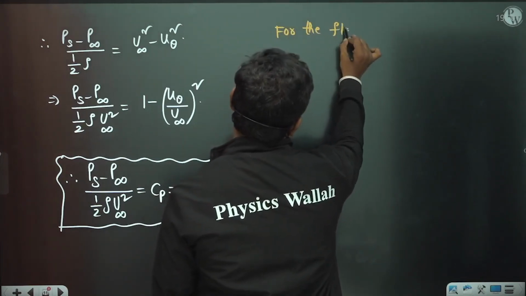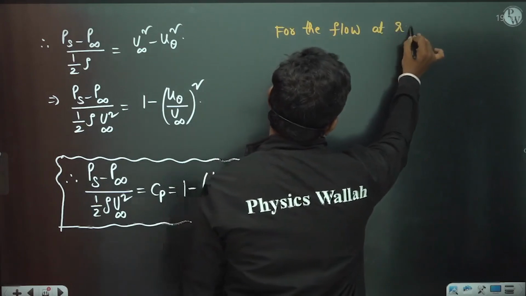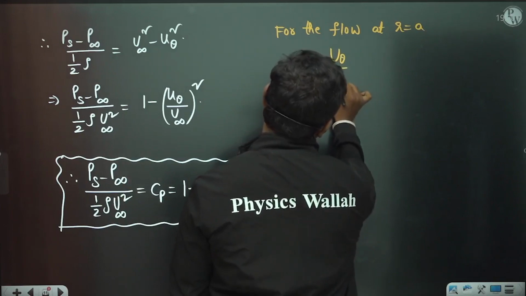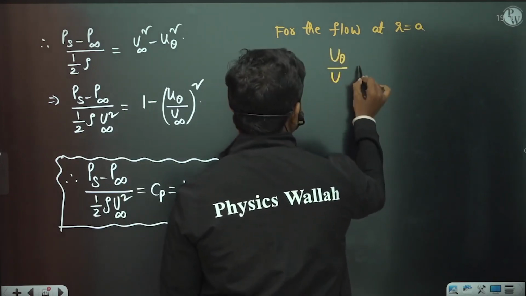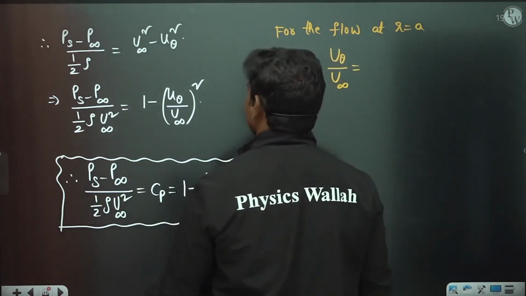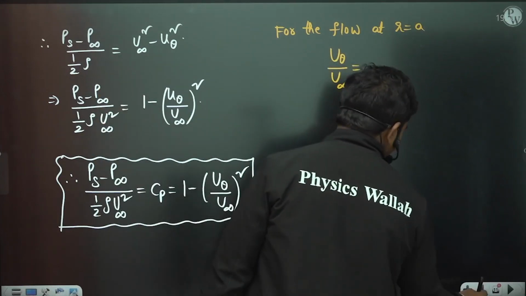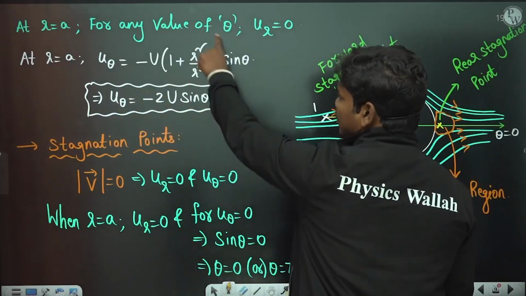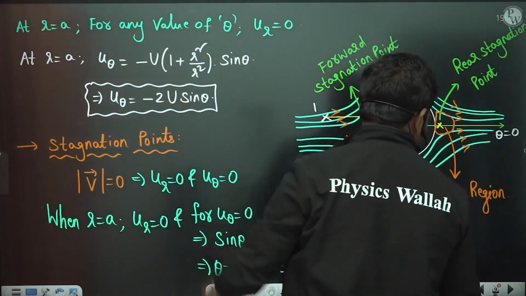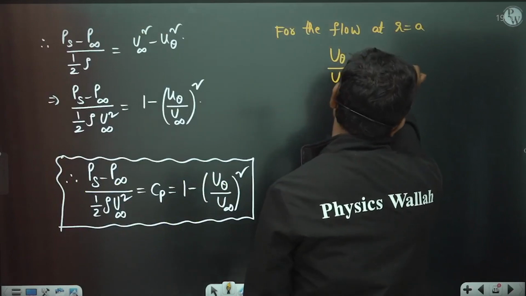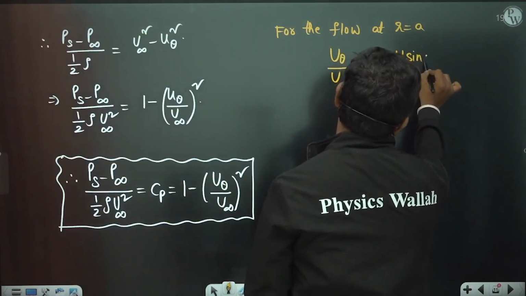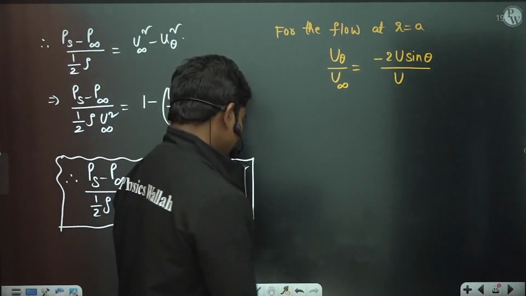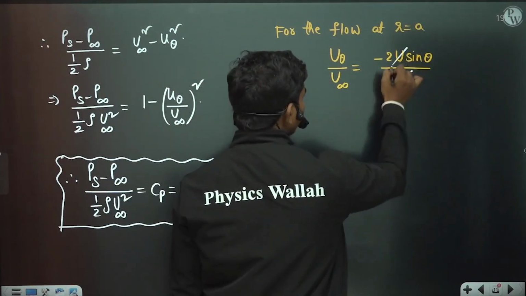For the flow here at r equal to a, because you are talking about the surface of the cylinder, what is the expression for u theta? U theta is minus 2U sin theta at any point on the radius. So minus 2U sin theta by u infinity. We have taken the free stream velocity as U, so U gets cancelled.